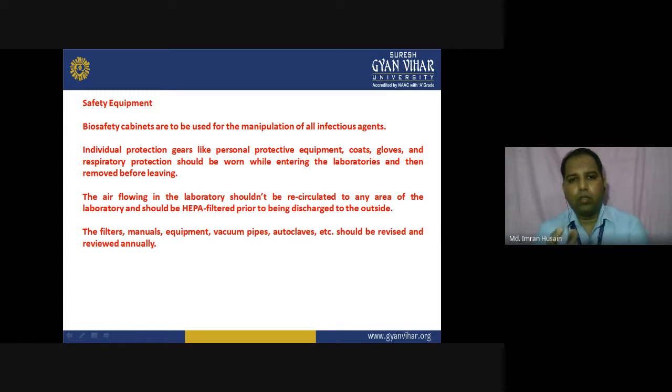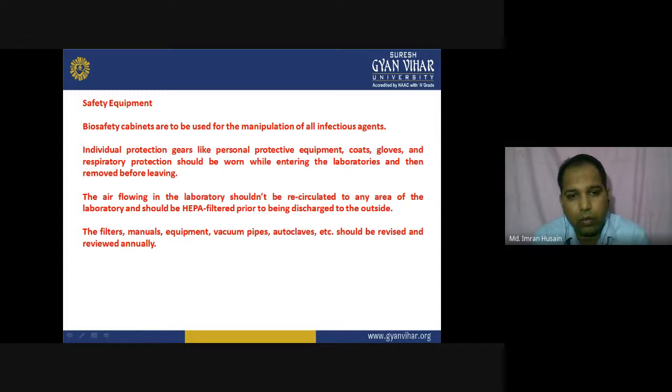So every time they should be sterilized and disinfected before leaving and after leaving the laboratory. The airflow in the laboratory should not be recirculated to an area of the laboratory and should be HEPA filtered prior to being discharged to the outside.